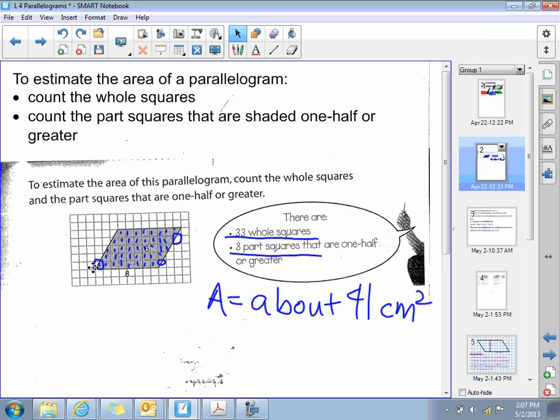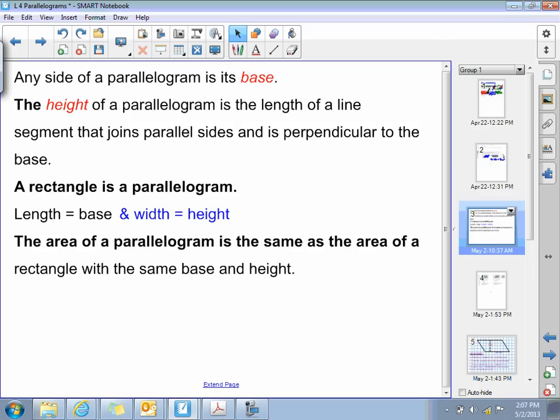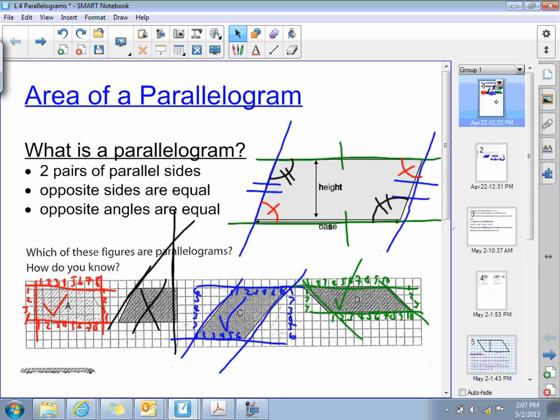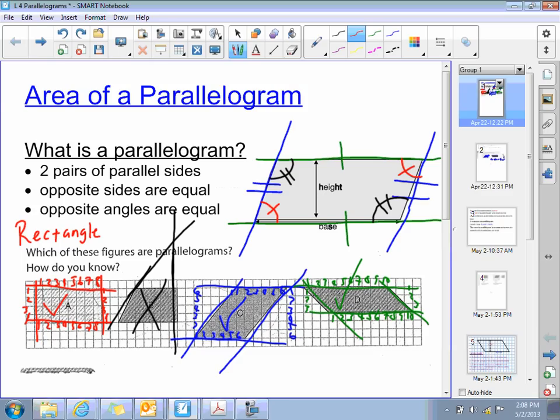When we talk about a parallelogram, we're going to talk about base and height. If I go back to the first page, shape A is a rectangle. A rectangle has two pair of parallel sides and its opposite sides are equal.